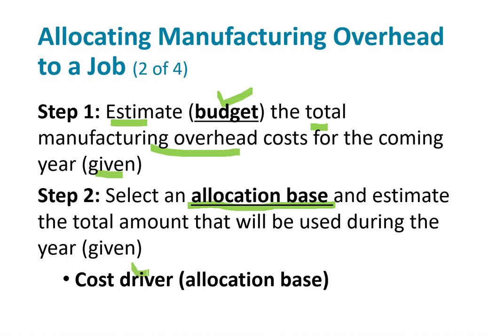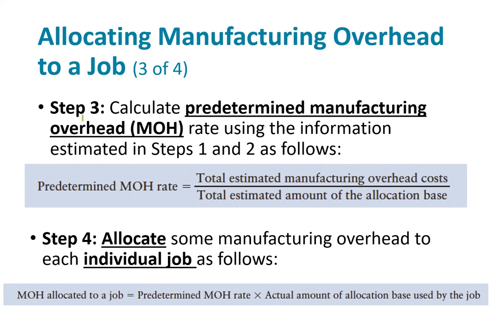The allocation base can also be called a cost driver, and that is also given to you. In other words, you're estimating the amount or the usage of this allocation base. Step 3, we get the predetermined manufacturing overhead rate by taking the total estimated or budgeted manufacturing overhead cost and dividing it by the estimated allocation base.